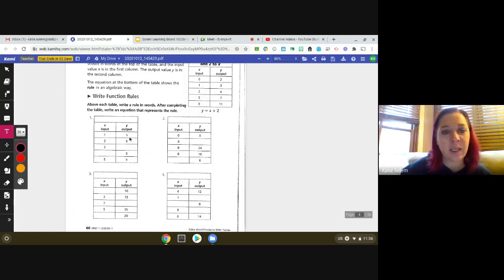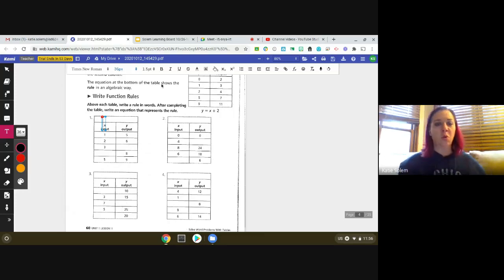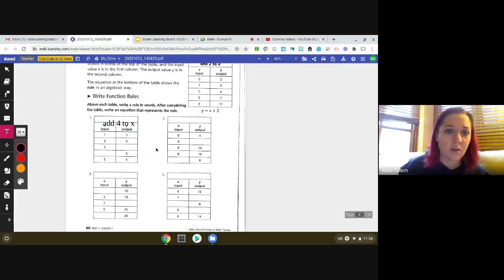I notice it's getting bigger. So it looks like they are adding 4 each time. So the rule is add 4 to X. So we're adding 4 to the number that goes in.